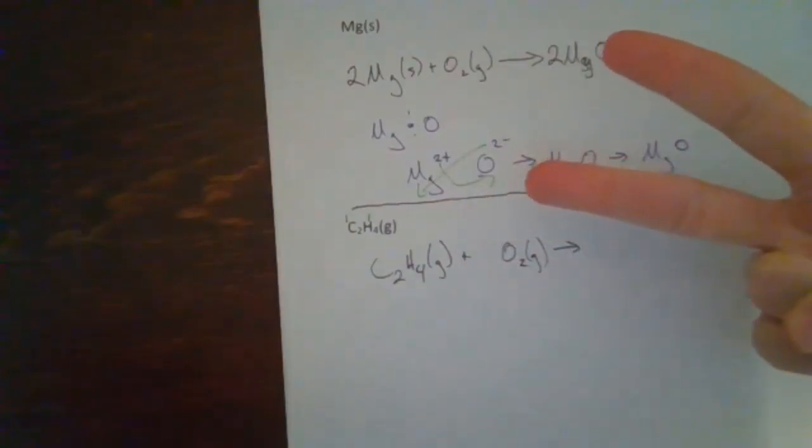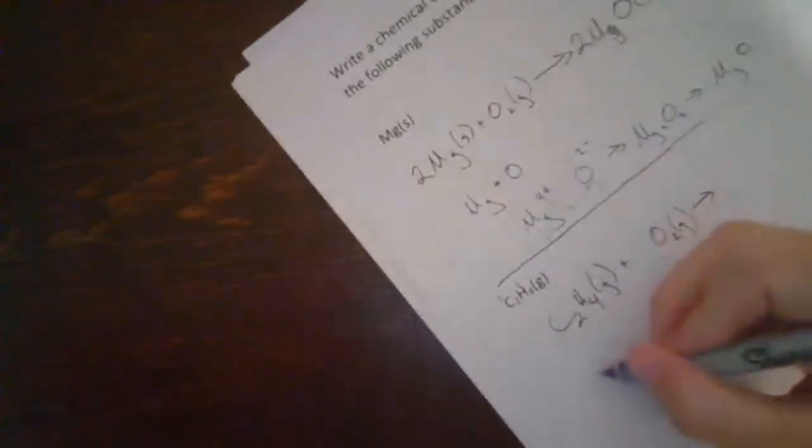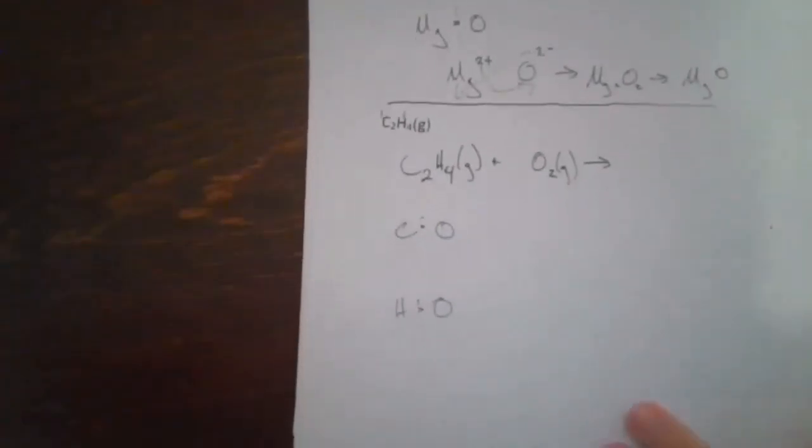So I'm going to make 2 products. One is going to be a carbon and oxygen compound, and the other one is going to be a hydrogen and oxygen compound. And if we look here, these are going to be covalent compounds.